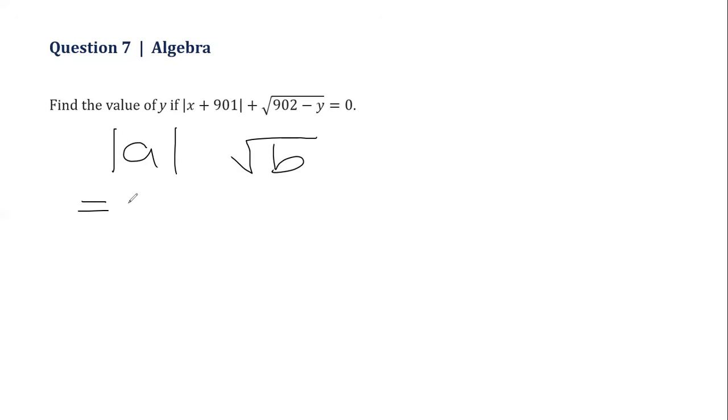What I mean is, you cannot configure a or b in such a way that you will get a negative answer when you take the absolute value or the square root. So if the answer is 0, then this and this should both be 0.